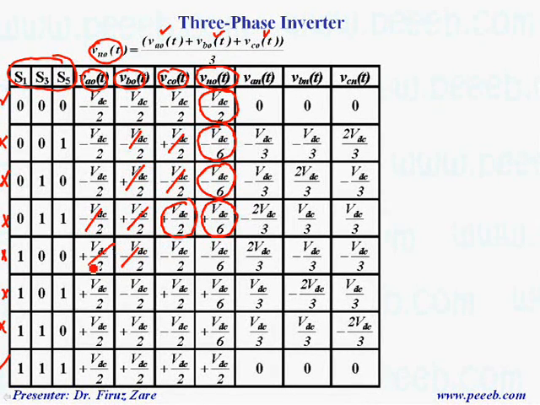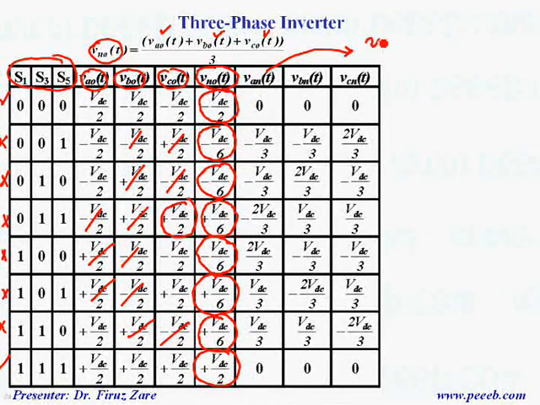These voltages cancel each other, minus VDC divided by 2, divided by 3. Again here we have minus VDC divided by 6. These voltages cancel each other, so that's why we have VDC divided by 6. Again here we have plus VDC divided by 6, and then adding together and dividing by 3 we get this DC voltage. And now let's look at the phase voltage.